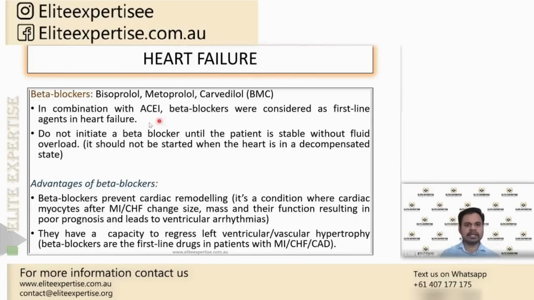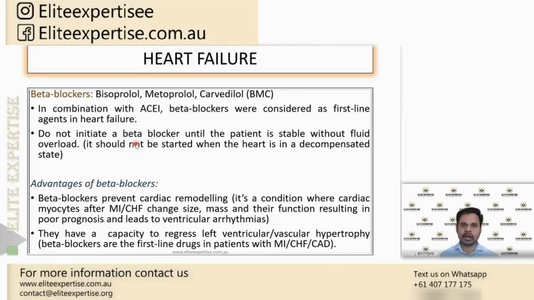Okay? If ACE inhibitors are contraindicated, we can replace them with ARBs, ARB plus beta blockers. These two combinations are considered as the first line in heart failure. And the most important point here is we should not initiate a beta blocker until the patient is stable, that is, hemodynamically stable.